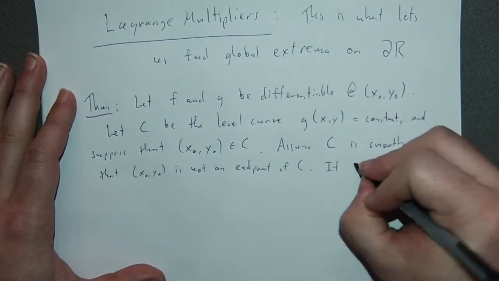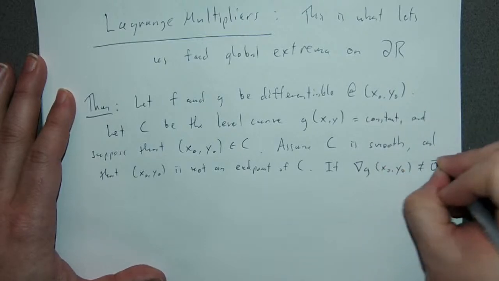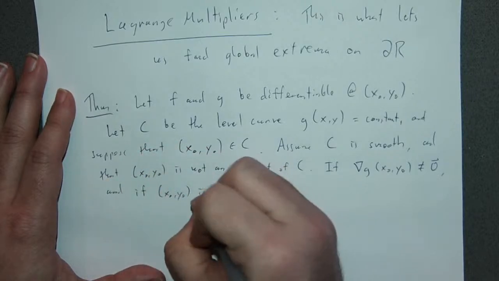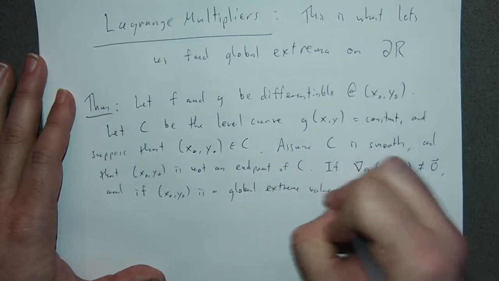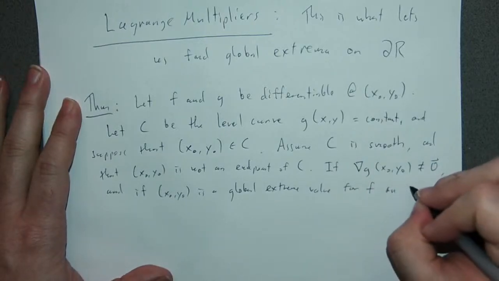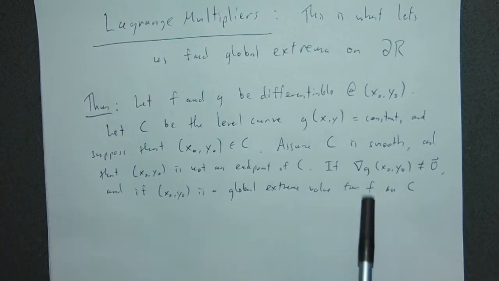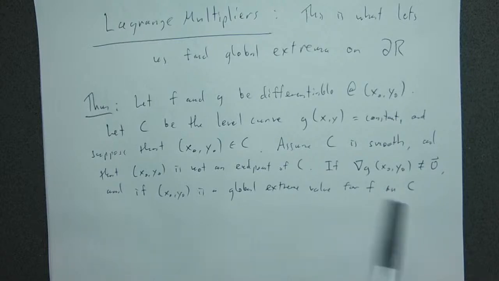If the gradient of g at (x naught, y naught) is not the zero vector, and if (x naught, y naught) is a global extreme value for f on this curve C, or I shouldn't say a global extreme value, the value is actually the value of the function at (x naught, y naught). So maybe that's a better way of stating it, but I don't want to rewrite this.